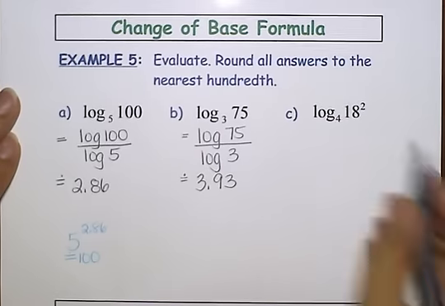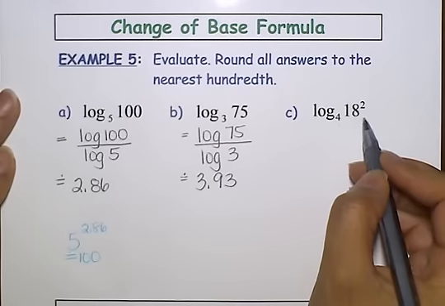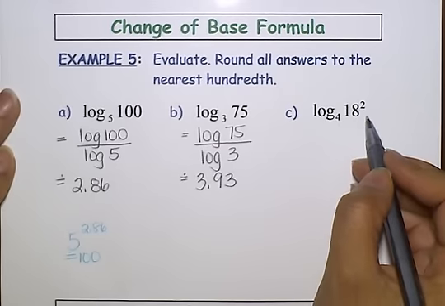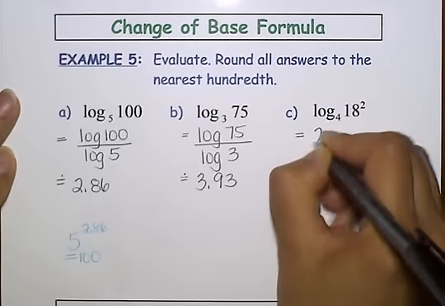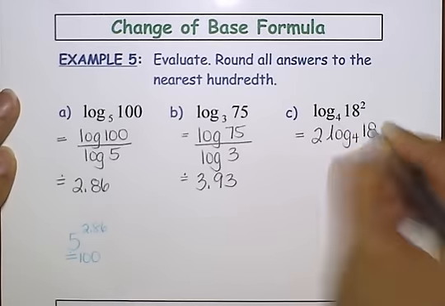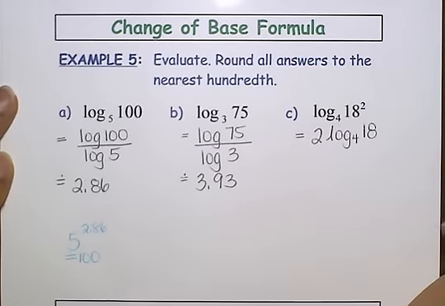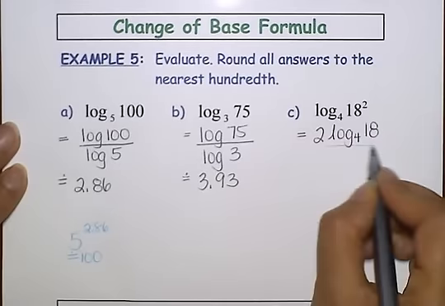I'm looking at log base 4 of 18 to the exponent 2. Now, because the answer part has an exponent of 2, I can rewrite that as the coefficient of the logarithm. So this would be the same as writing 2 log base 4 of 18. So there's the power law of logarithms. Now I can also use the change of base formula to evaluate the logarithm part that I have here.